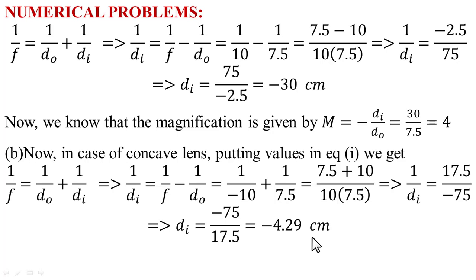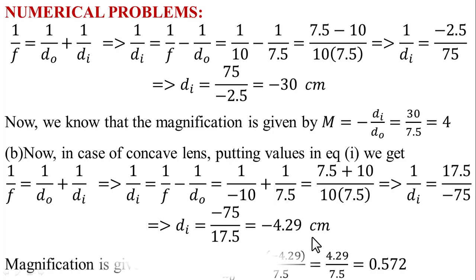So di is equal to minus 4.29 centimeters. Now we can calculate the magnification. M is equal to minus di over d naught, that is equal to minus into minus 4.29 divided by 7.5.